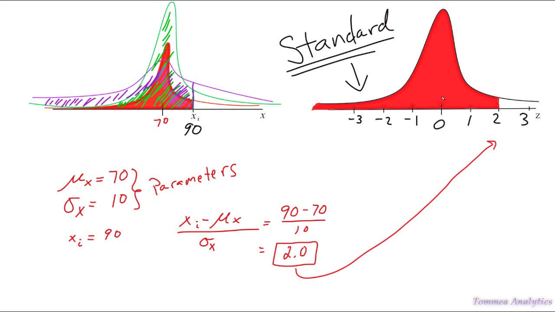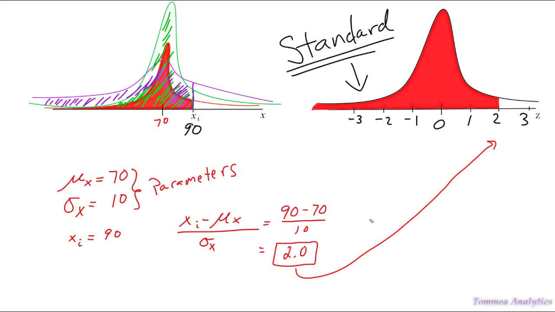Whereas over here on the right, the values are standard. You will always have a mean of 0 in the center and a standard deviation of 1.